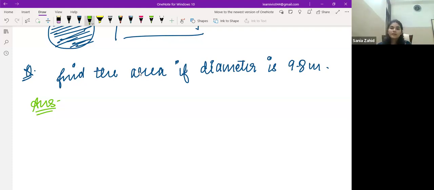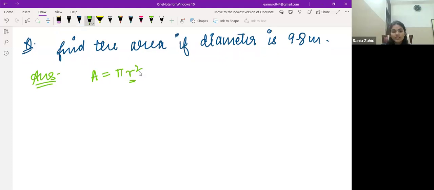Pi r square. So area I know is pi r square. So what is r? R also I don't know. See, diameter is given. Diameter is 9.8 meter. So what is radius? Diameter by 2. That means 9.8 by 2.